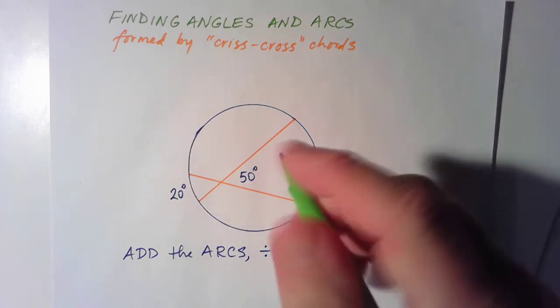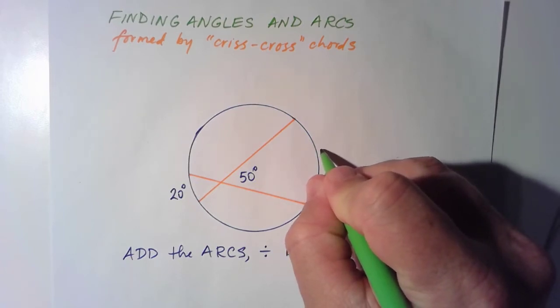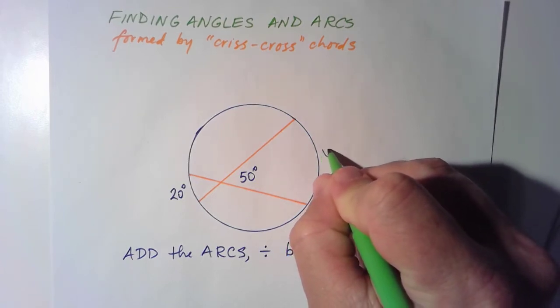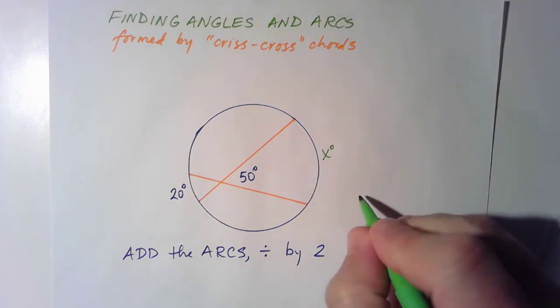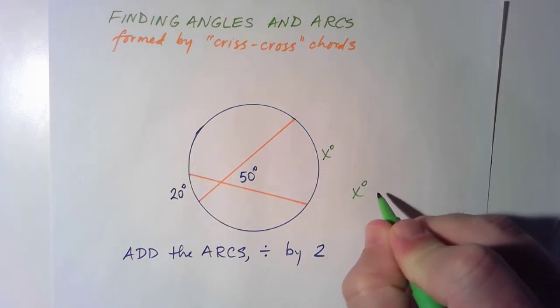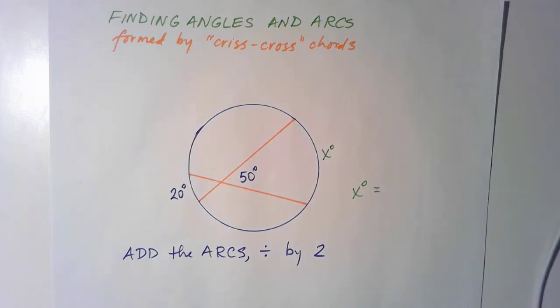And by the way, we'd be solving for this missing arc here. So the arc is x. We already know the angle. We're going to write the equation like this. That the angle equals, sorry.